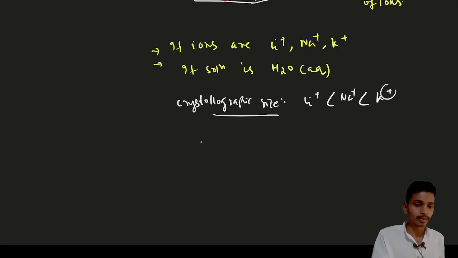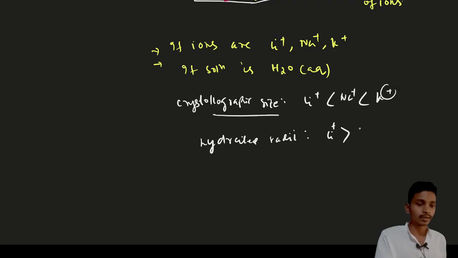For the hydrated radii, since Li has a small size, more water will get attracted, and after the water is attracted to Li, hydrated Li becomes bulkier than Na, then K plus. So hydrated Li has the highest size, after that Na, after that K plus.